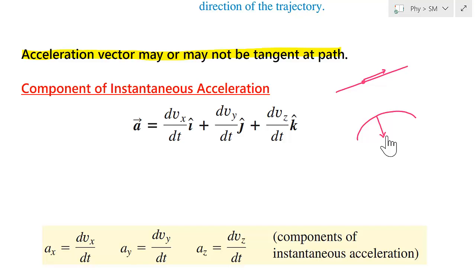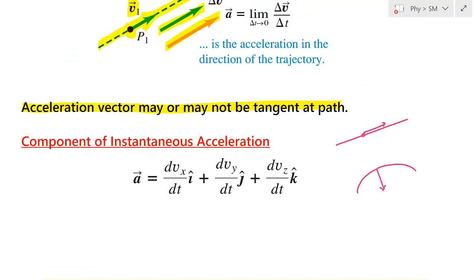Instantaneous velocity is tangent to the path. Not the average velocity, instantaneous velocity is tangent to the path. But here, instantaneous acceleration can be tangent to the path or it may not be tangent to the path, depending upon what kind of curve or what kind of trajectory the motion is taking place.